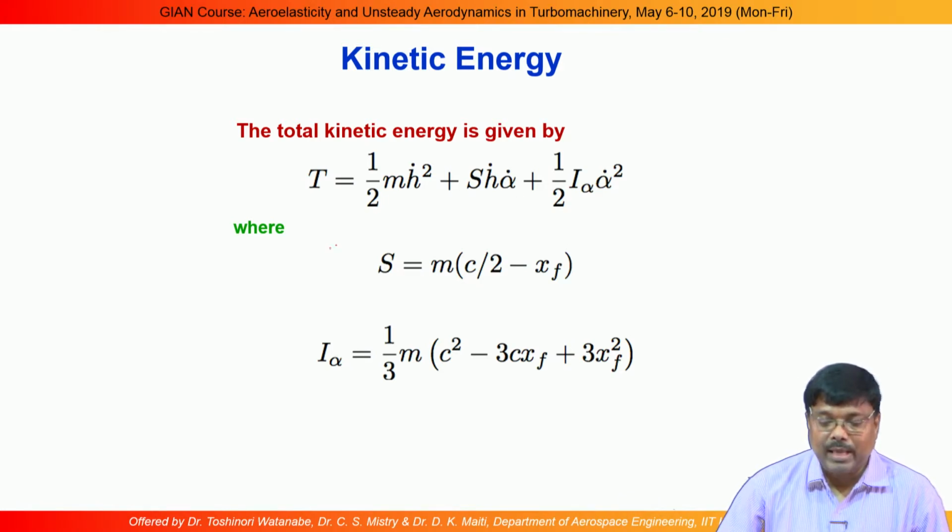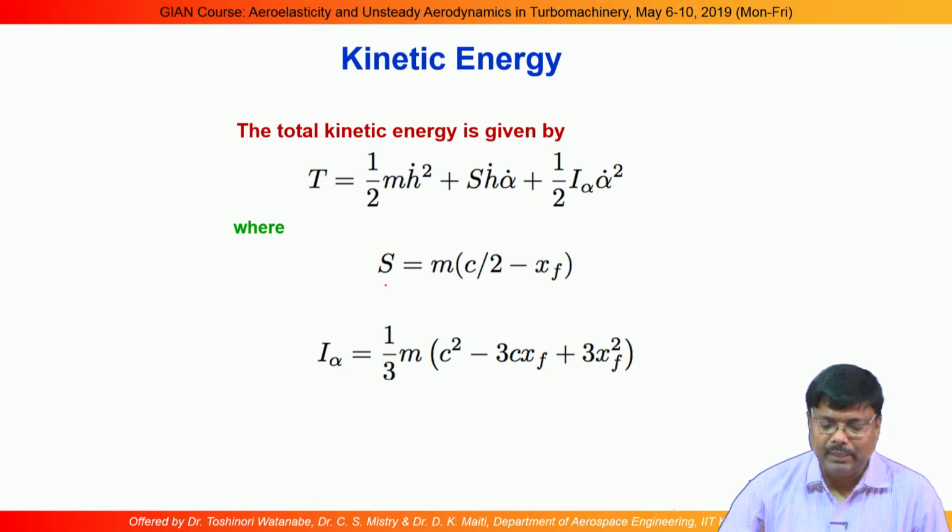So, S is defined here as c by 2, the mid chord, minus xf, that is coming due to coupling, due to the eccentricity of the elastic axis position from the mid chord.